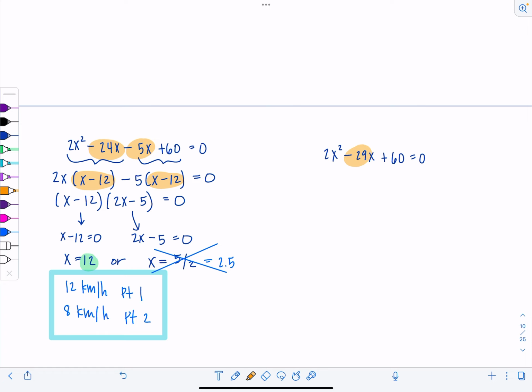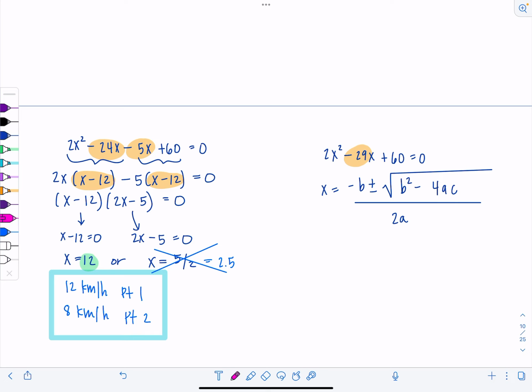If you're still struggling and that's just too tricky of a way to solve it, then you can use the quadratic formula, okay? It's nice to review, because it's helpful for situations where the factoring might be a little hard. Let's write out the quadratic formula. x equals opposite of b plus or minus square root b squared minus 4ac all over 2a.